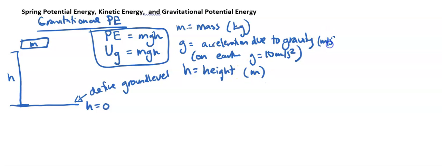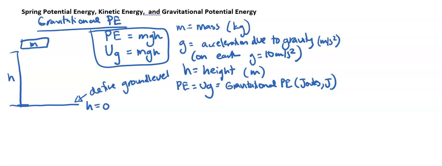And again, g is meters per second squared. And then PE or U_g is going to be our gravitational PE, and we will want to measure that in joules, or we can say J for short. Cool. And we already talked about kinetic energy and gave the equation for that.